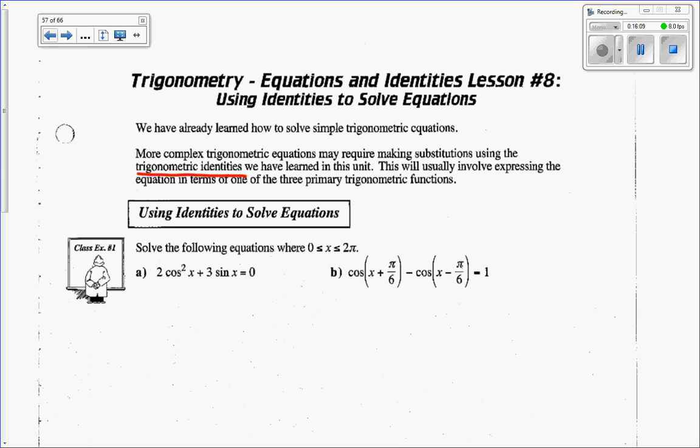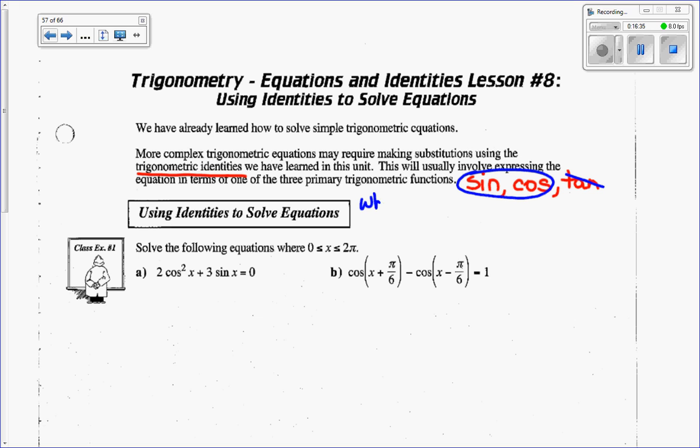You're going to express the equation in terms of one of the 3 primary trig functions, so in terms of sine, cosine, or tangent. Okay? Now, I just want you to make a note here. When an equation cannot be factored, you're going to find an identity to make them all sine or cosine. Usually not tan, usually sine and cosine.